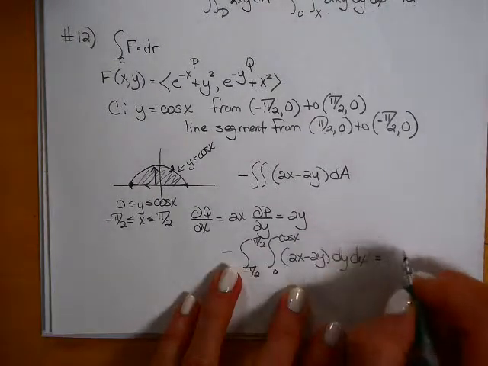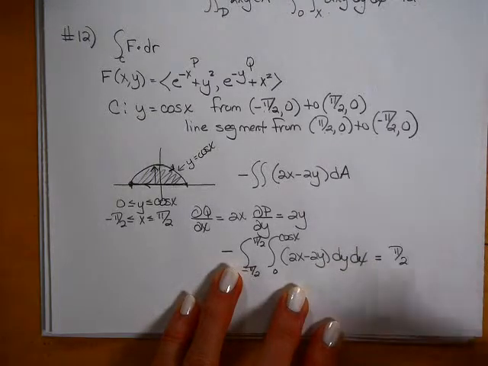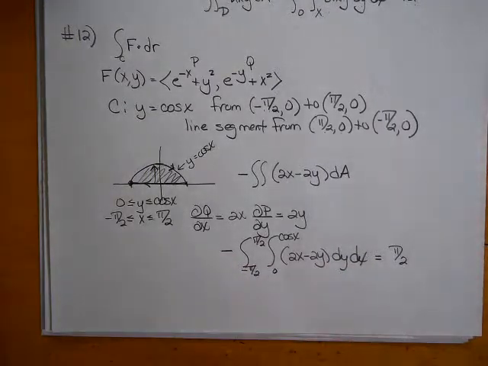Okay, and when I put the negative in front of it, I'm going to get pi over 2, I believe. Is that what you got? Okay. All right, is there a question about Green's theorem and how to do these problems?